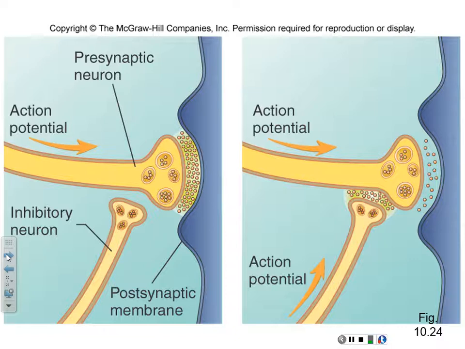Because it's the calcium that causes these vesicles to undergo exocytosis, right? So if a few of them open, then a little bit of calcium gets in here, and then you only release a little bit of neurotransmitter. So you can modulate it, you can upregulate it, or you can decrease it. So this is neuromodulation, okay?